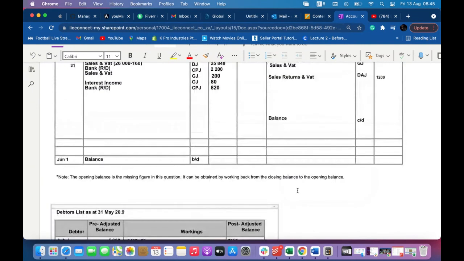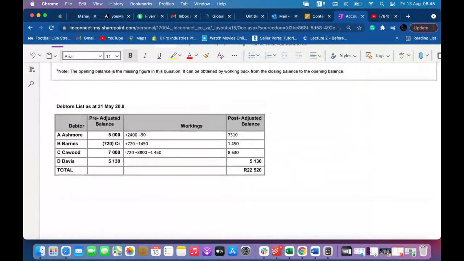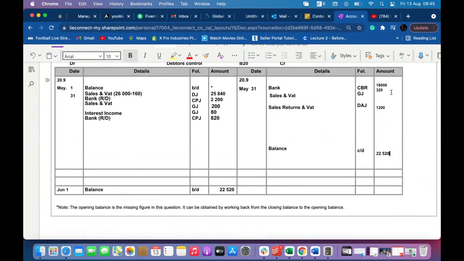22,520. Okay, so now we know what our balance brought down, and our balance carried down should be 22,520. So we plug that in here, 22,520. Now we don't have the total on this side, but we know what the total should be. So if we add up all these, we should then get the total that should be this side.